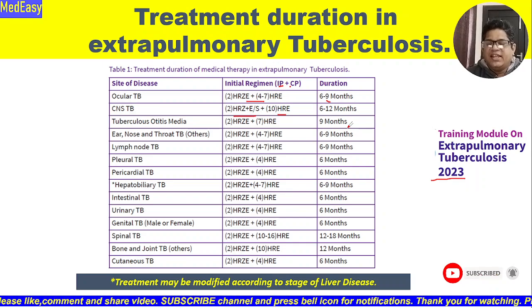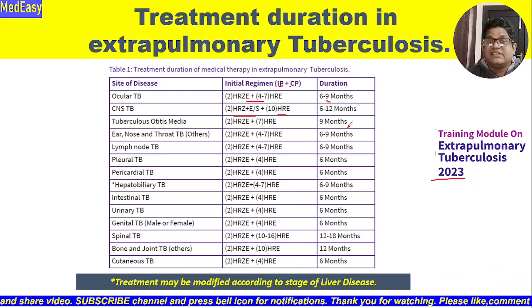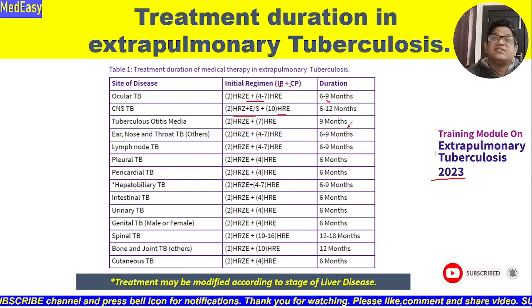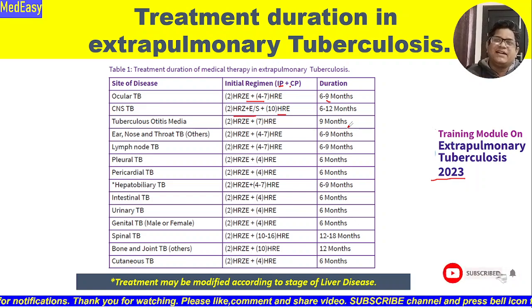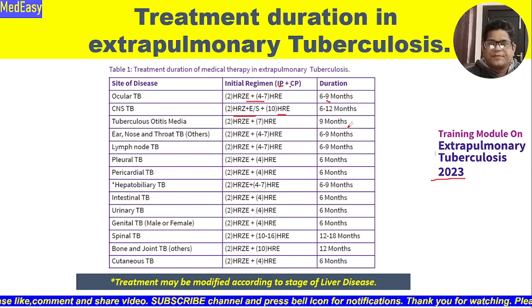But in case the patient develops drug-induced hepatitis, or there is an intercurrent illness because of which there are interruptions or irregularity in the treatment, and in some situations treatment is also modified, in those situations obviously this duration will not apply. We have to extend the regimen depending on a case-to-case basis. All right, so this is the treatment duration in extrapulmonary tuberculosis.